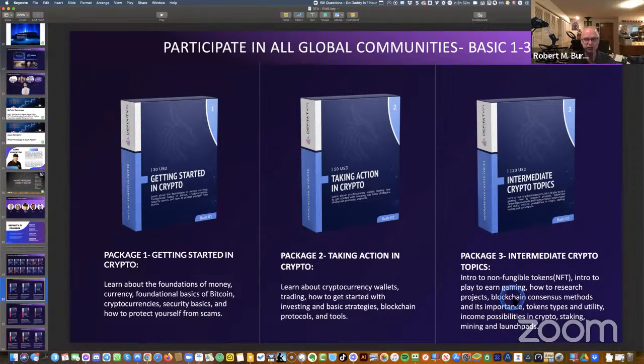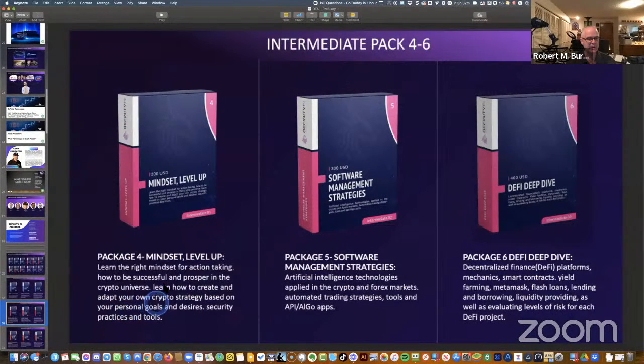And then the third one is an introduction to the areas of NFTs, play to earn gaming, how to research projects, blockchain consensus methods, token types, tokenomics, income possibilities, and crypto staking, mining, launchpads. Then in the intermediate area, you start to get into much more detail about this.